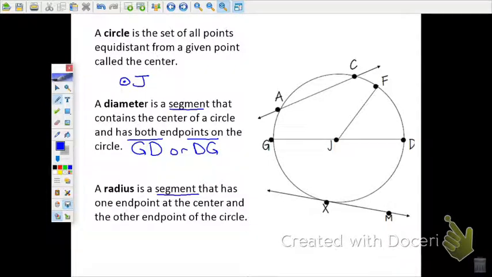What would be one example of a radius in that diagram? Segment JF, or we could switch the letters around, FJ. What are some other radiuses? JD. JG. Those two parts of that diameter, because half of the diameter is a radius. Again, lots more could be drawn in the diagram. Those are the three that we see already drawn in that picture.